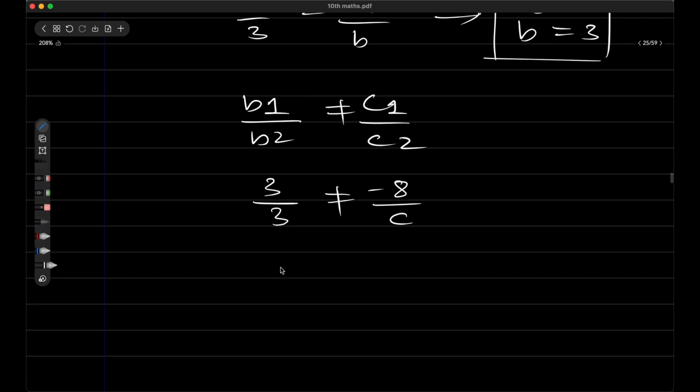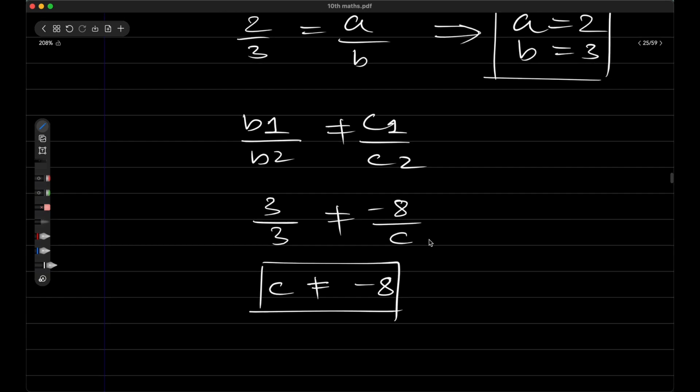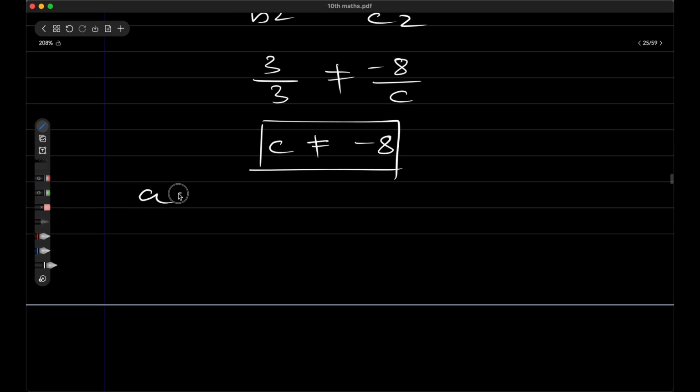That is, 3 will get cancelled, c not equals to minus 8. So we got all the coefficients, that is a equals 2, b equals 3 and c not equals to minus 8.